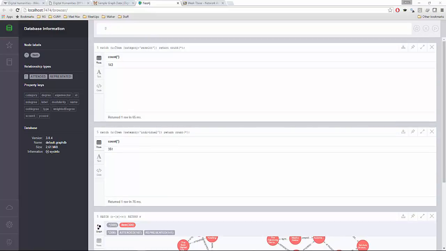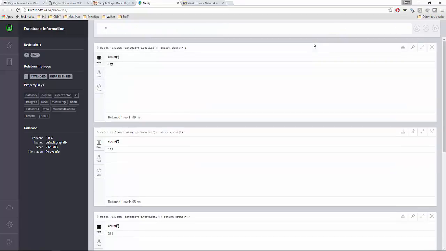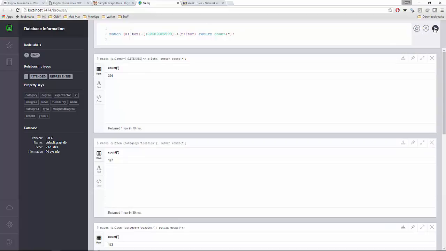I also did one that showed the nodes categorized as location, and I ran two more queries. One showed the relationship of each item and where they attended, which is 394.